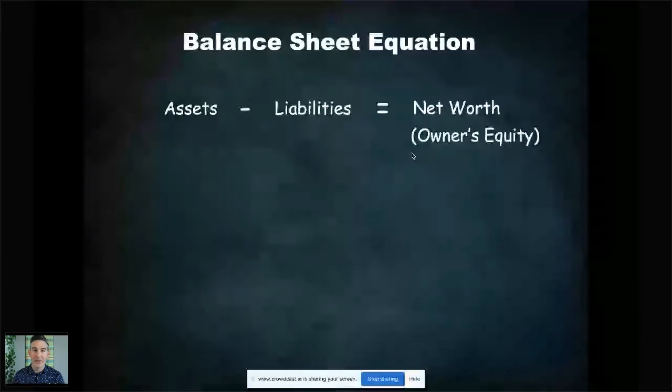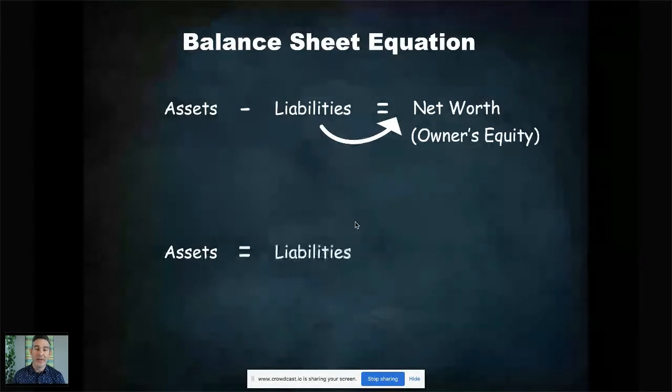So for me, this formula is fairly easy to wrap my brain around. It's logical. This is the balance sheet equation, the formula that they use in Europe. But in the United States, we've made one slight adjustment to this formula. We've just added liabilities to the other side. So what that results in is assets equals liabilities plus net worth.